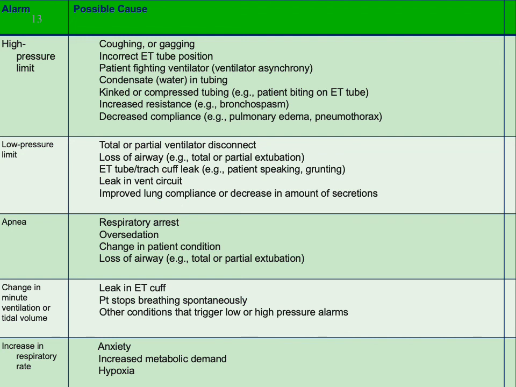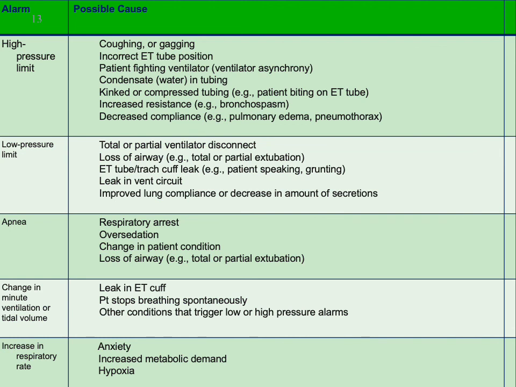The nursing interventions include providing breaths via a self-inflating resuscitation bag, reversing and discontinuing sedative medications, preparing for re-intubation if the tube is dislodged and the patient still needs the tube to be in place. You can also assess the placement of the tube by looking at the centimeter markings.